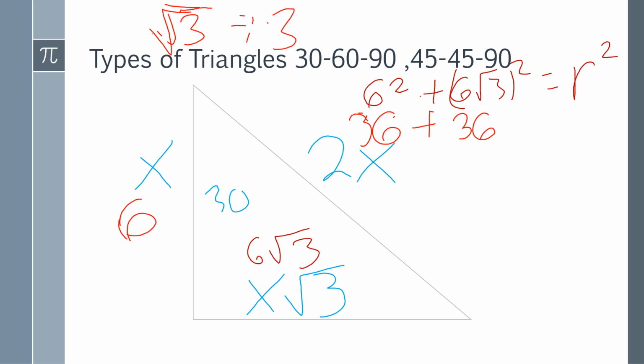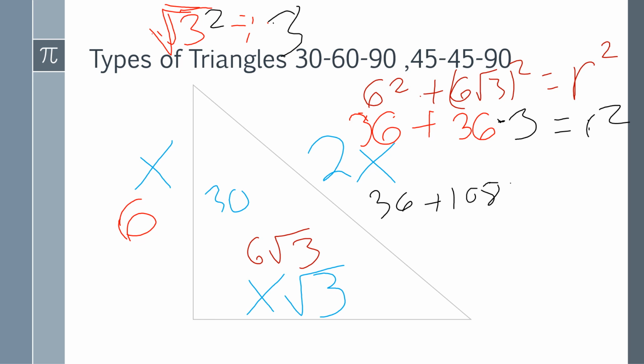Well, squared. So if I was to put a square here inside of that, guess what happened to the 3? It's just 3 by itself. So 36 times 3, because that 3 is by itself. So 36 times 3 is what? 108. So 36 plus 108 equals r squared. R squared is, again, radius. So we get 144.